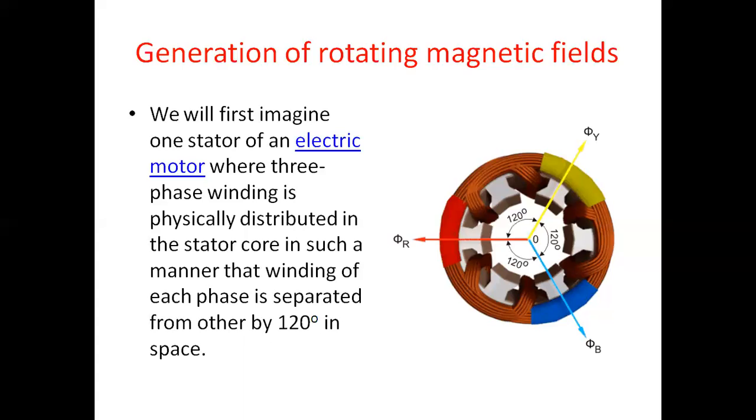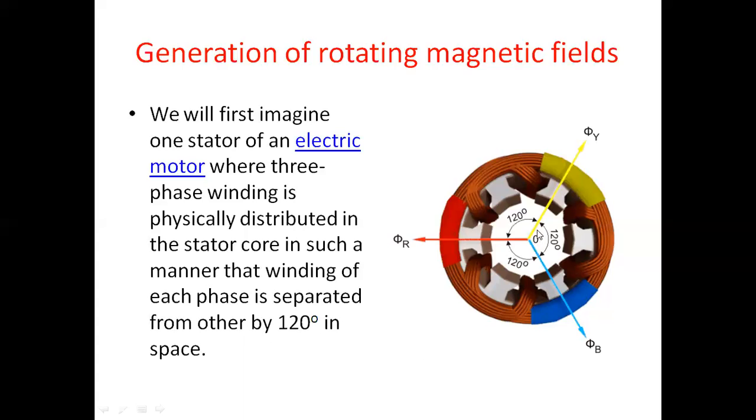And this is a pictorial view of the stator windings, where the yellow portion indicates the Y phase, the blue portion indicates the B phase, and the red portion indicates the R phase, generally known as the RYB phases.